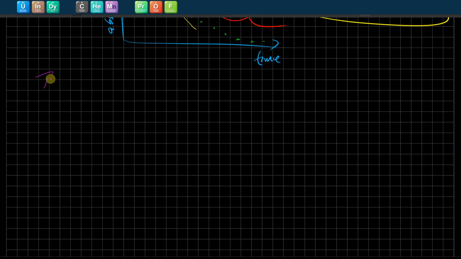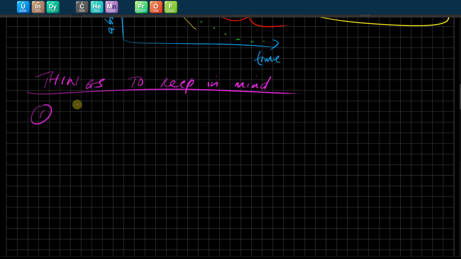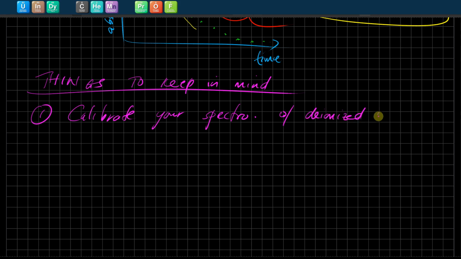So here are some things that I want you to keep in mind for this particular lab. The first is you need to remember to calibrate your spectrophotometer with deionized water, and in doing so, you only use that one cuvette, the one that you use to calibrate your spectrophotometer.